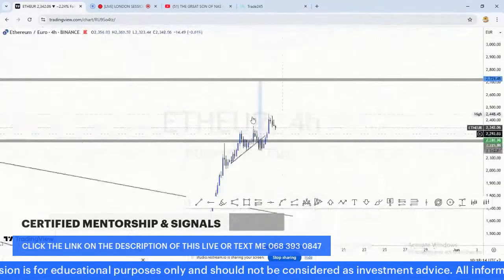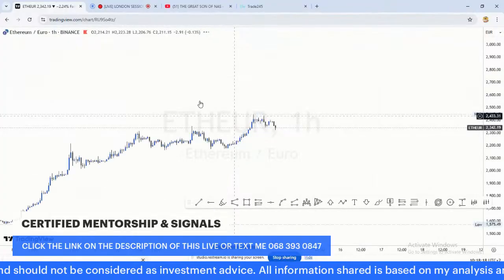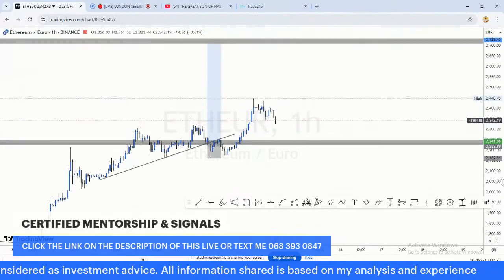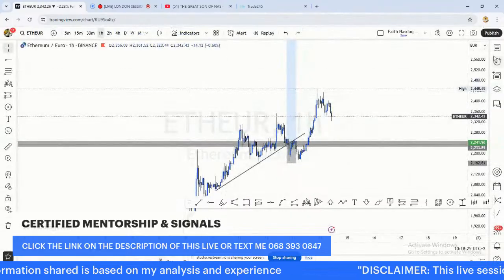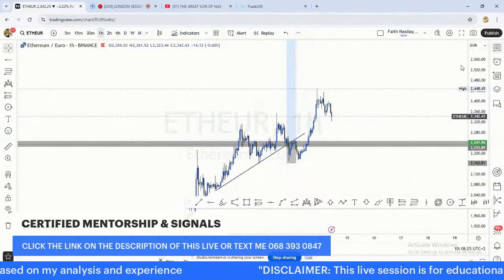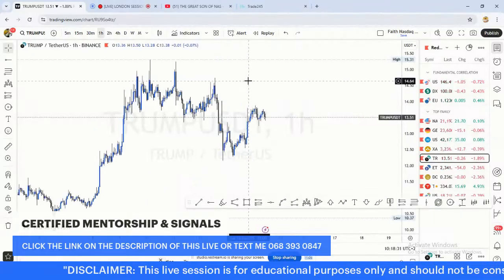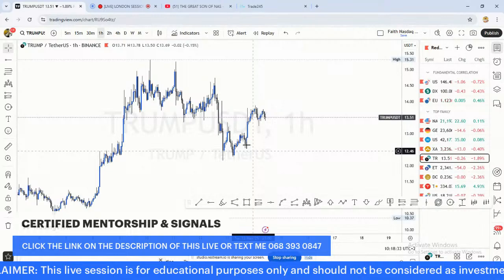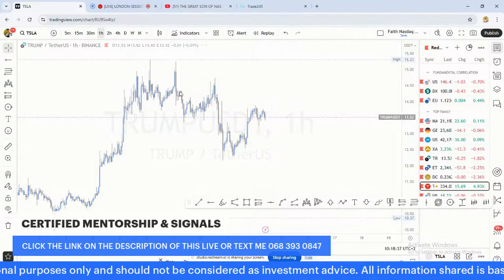Those ones are just for PNH. So if you don't know what a PNH is, it's another story. This one is a Trump coin. This is a coin here. So this is a Tesla.